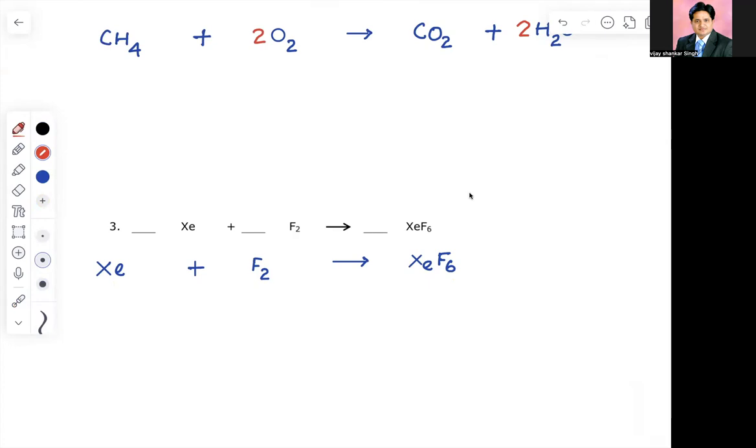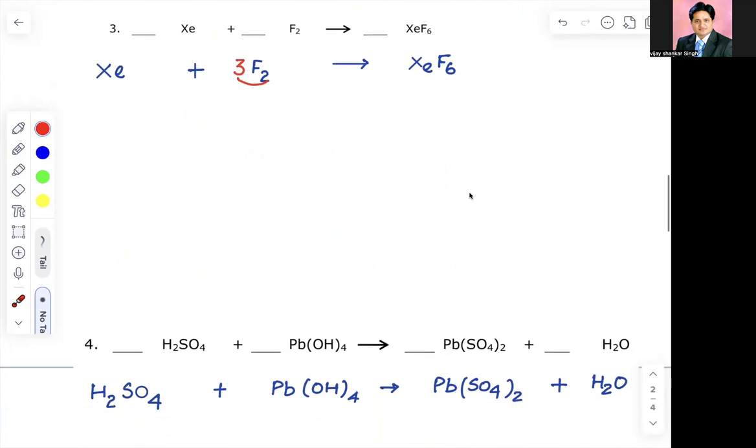In order to get 6, I can multiply 3 here, and that gives me 6 atoms of fluorine. Right, 6 atoms of fluorine and 1 atom of xenon here, 1 atom of xenon, and that's how the equation is balanced. This was rather an easy one, so it was pretty straightforward.